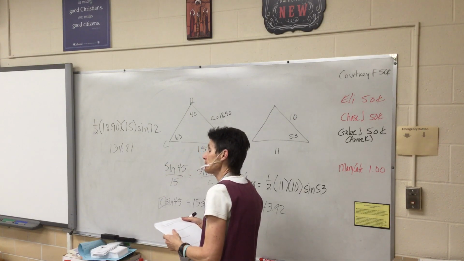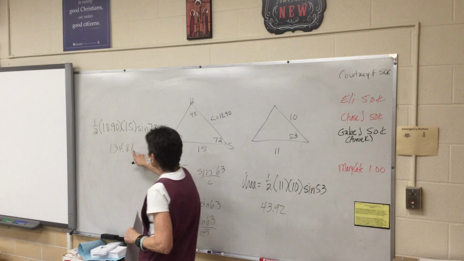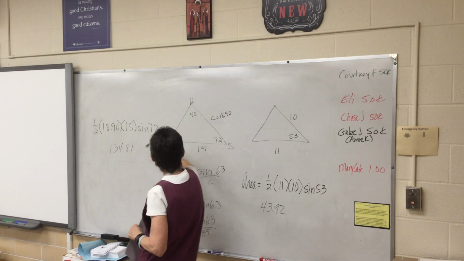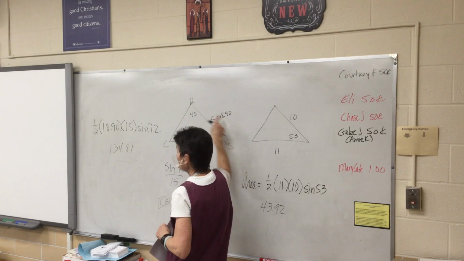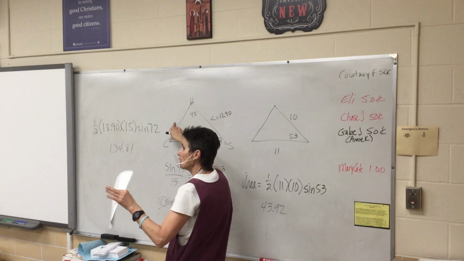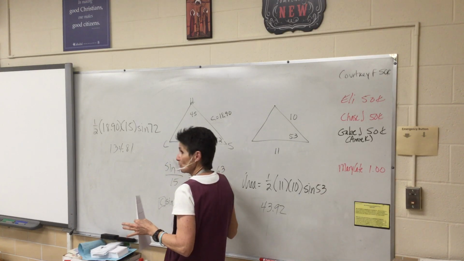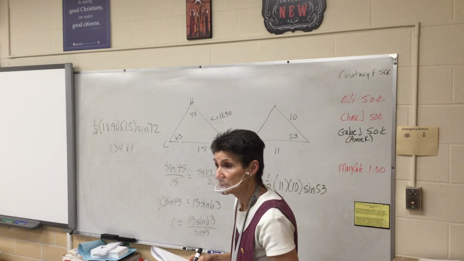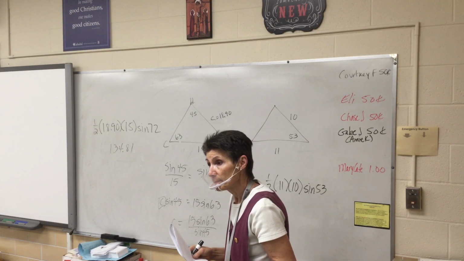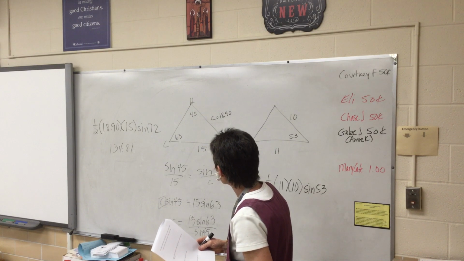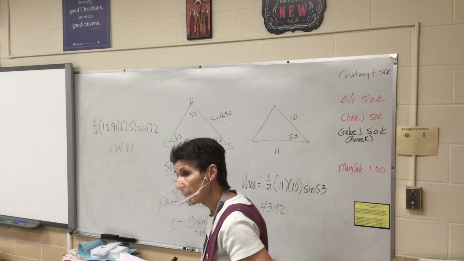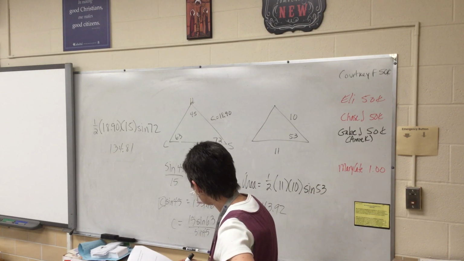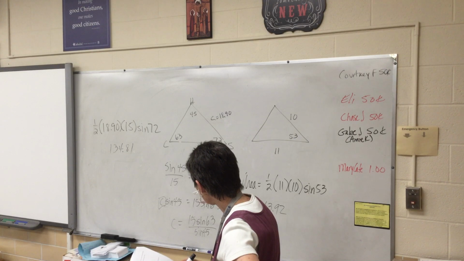Now, it's possible they could be off a little bit here because we rounded that off. You're going to round this off, so it depends on that rounding. But that's why you show your work, because then I know. Why didn't we do the process that we used to find C?